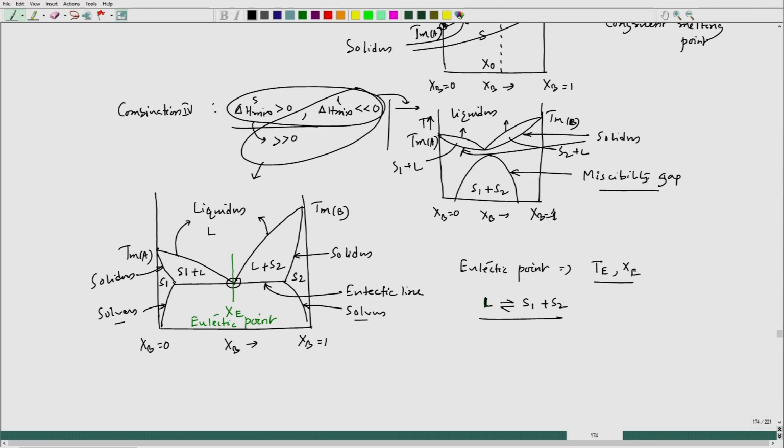We have seen before with the help of the free energy composition diagram, once we reach that particular temperature, a common tangent will pass through the liquid phase as well as both solid 1 and solid 2 curves at particular unique points, and that gives us this particular reaction which is under equilibrium. This is called the eutectic reaction.